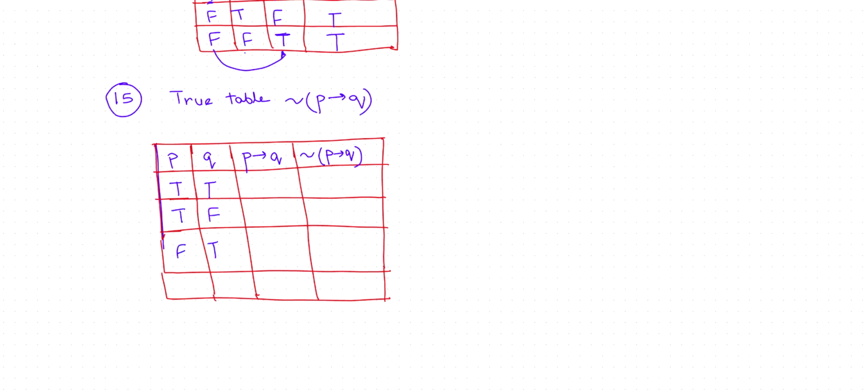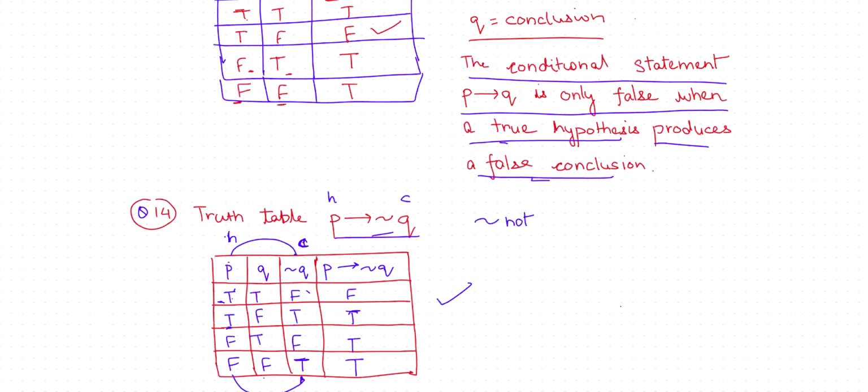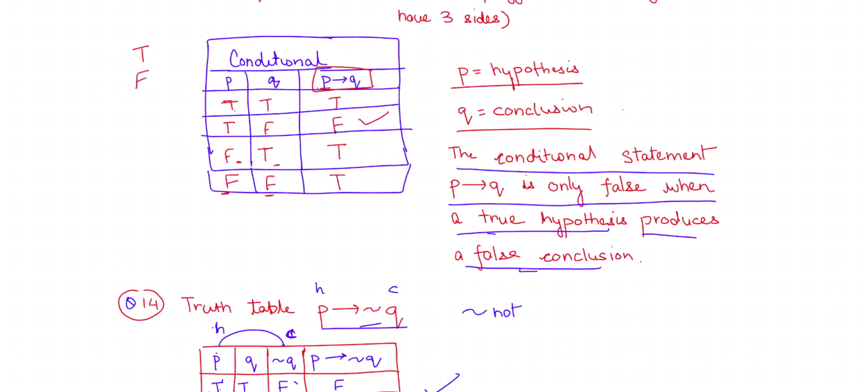Okay, so this is from the basics of the first truth table we had. From here we'll see it is only false when a true hypothesis gives a false conclusion.